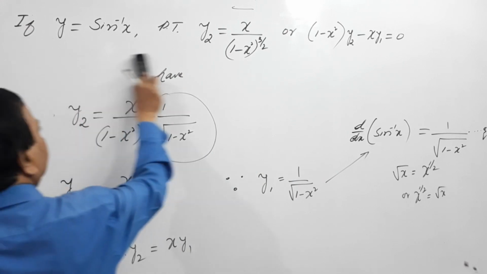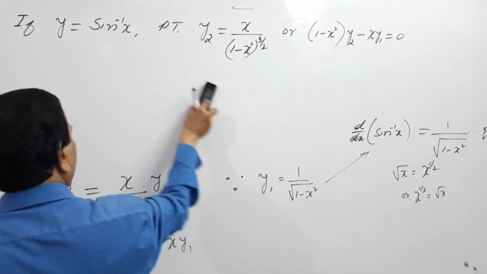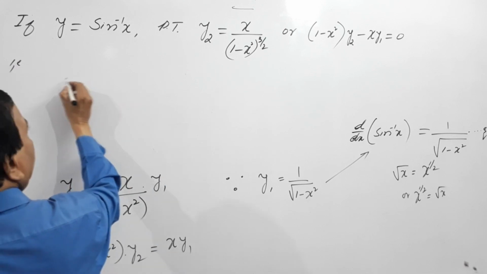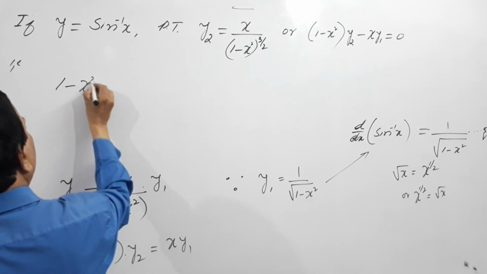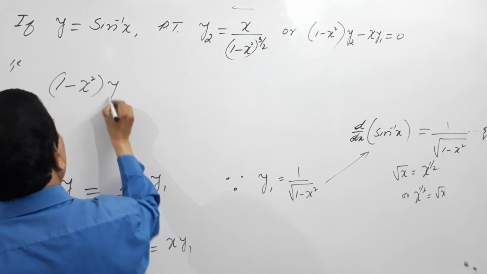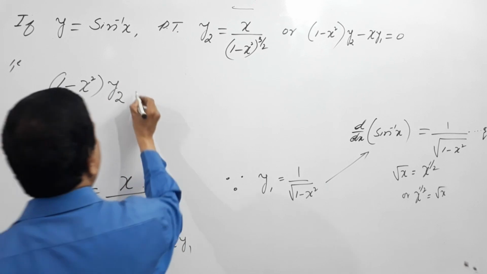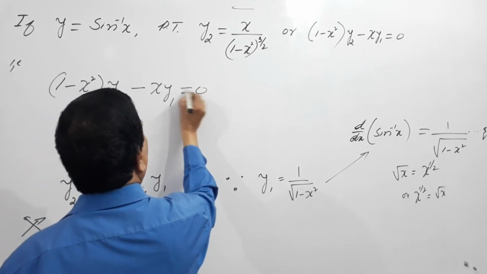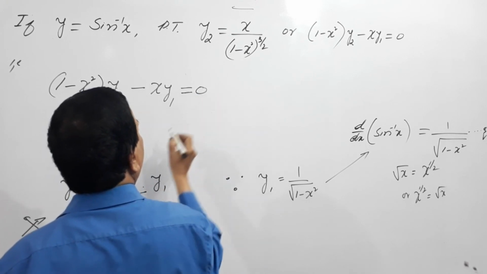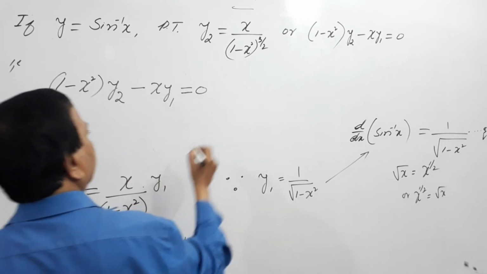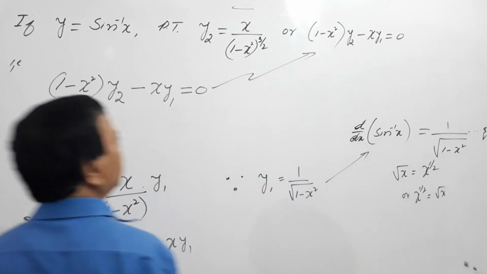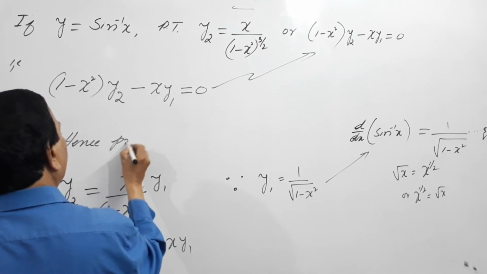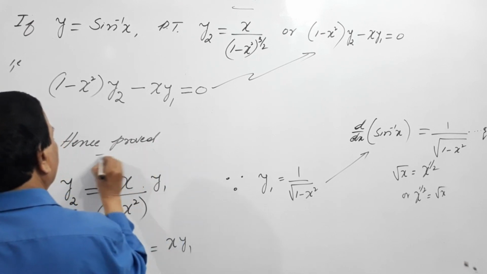So 1 minus x square into y2, bringing it to the left hand side, minus x y1 equals 0. So this is nothing but this, hence proved. This is our answer.